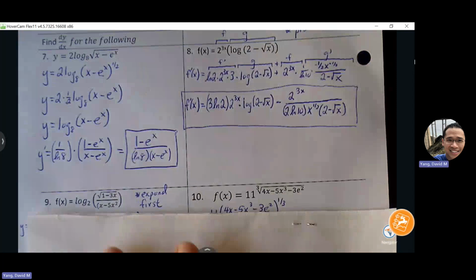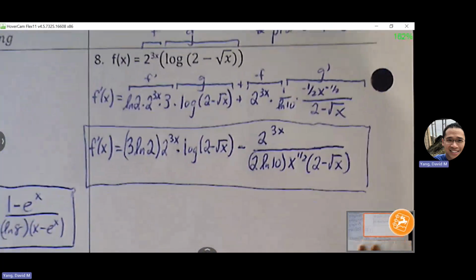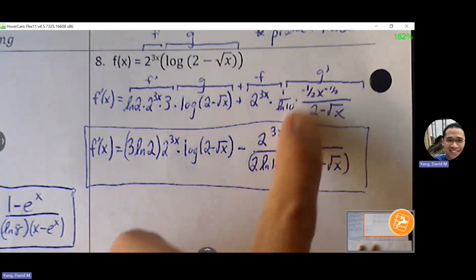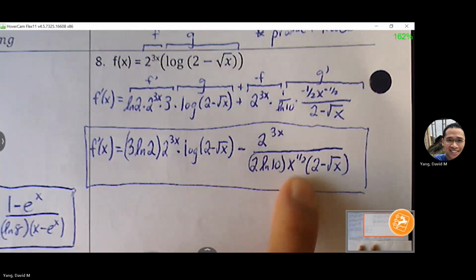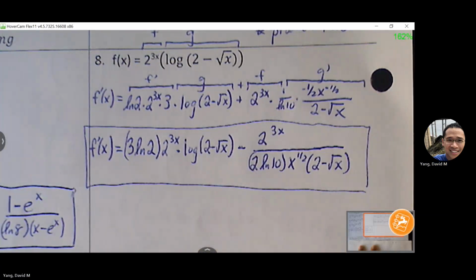Okay, so I move things around here. I just push that x to the negative 1/2 down to the denominator. Also, I push this 2 down to the denominator as well.